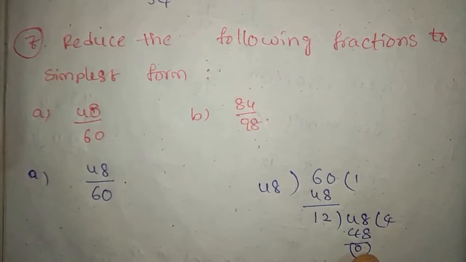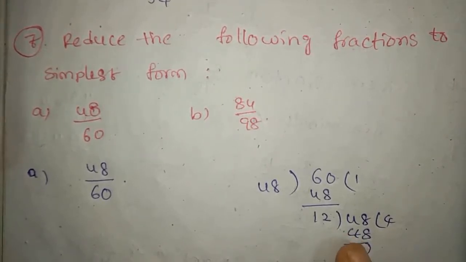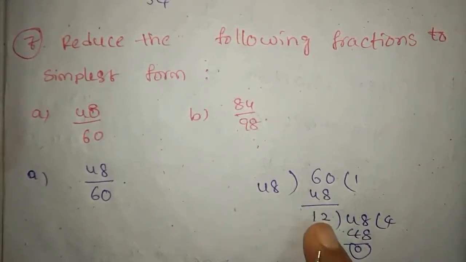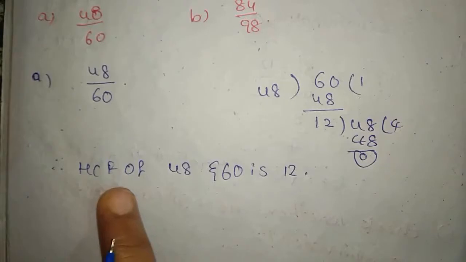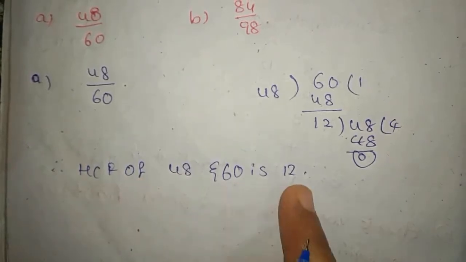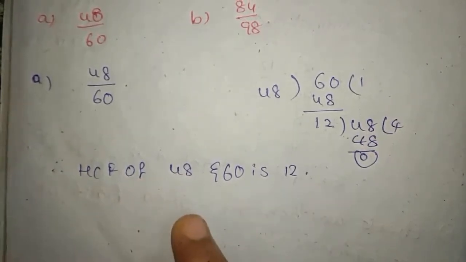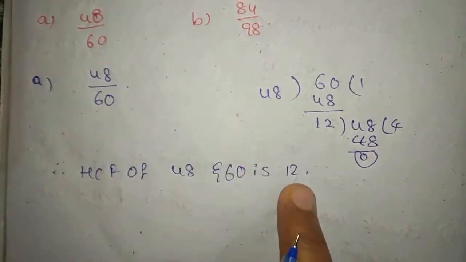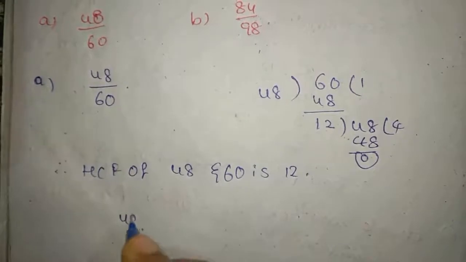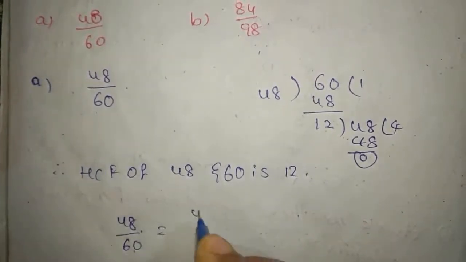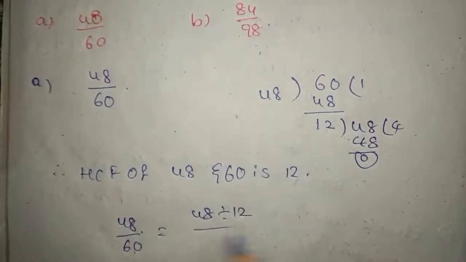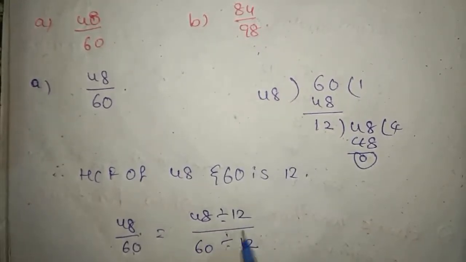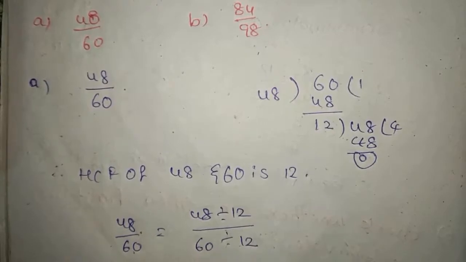The last divisor is the HCF of the given fraction, that is 12. HCF of 48 and 60 is 12. Now we divide both numerator and denominator by the HCF 12. 48 by 60 is equal to 48 by 12 and 60 by 12. 12 fours are 48, so 4.